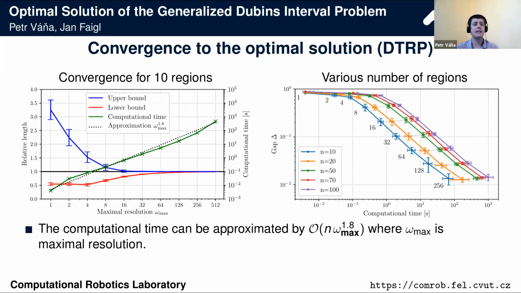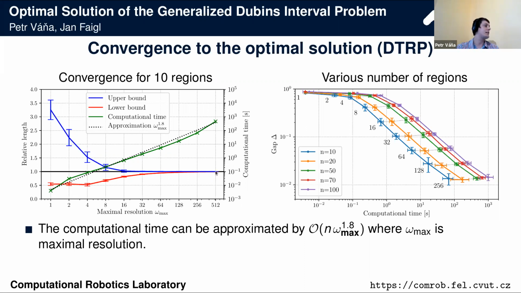But yes, that's it. And I want to also summarize the results in some plots. So for example, I was talking about the 10 regions, and this specific instance is in the left plot. So you can see that this is the resolution, and this is the upper bound and lower bound. And once the resolution is higher, both bounds converge together to the optimal solution quite rapidly.